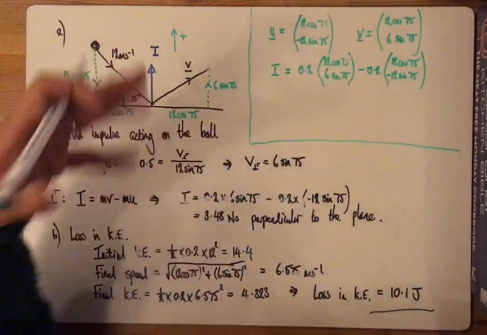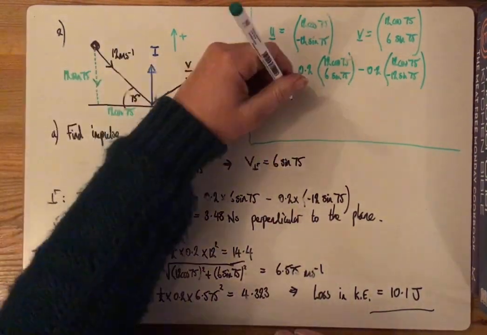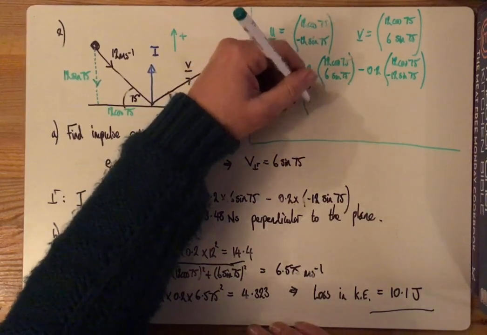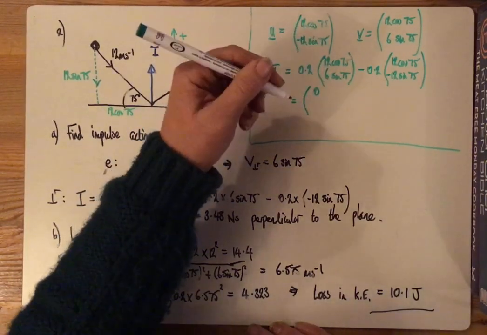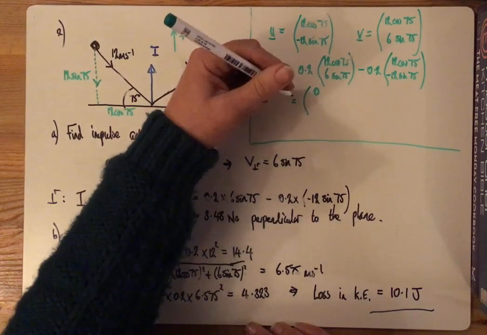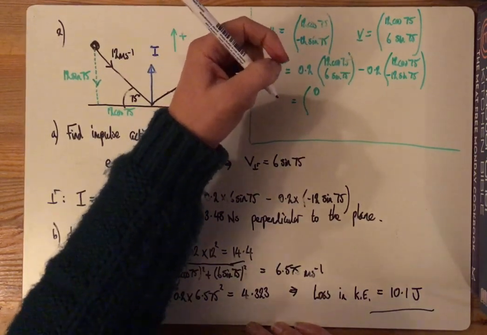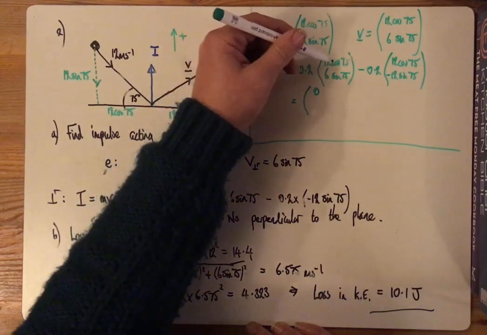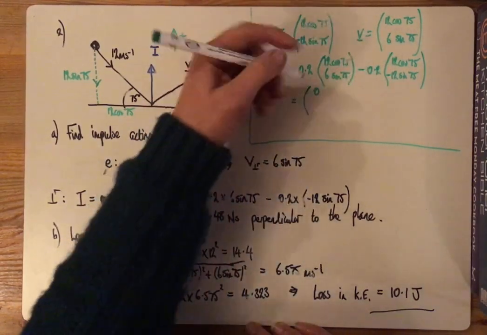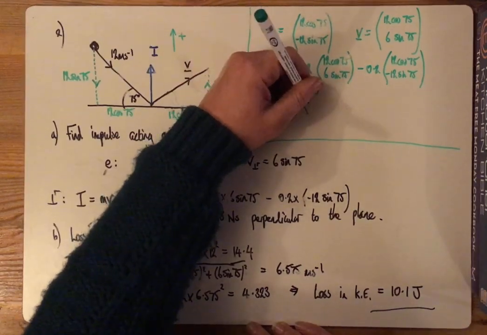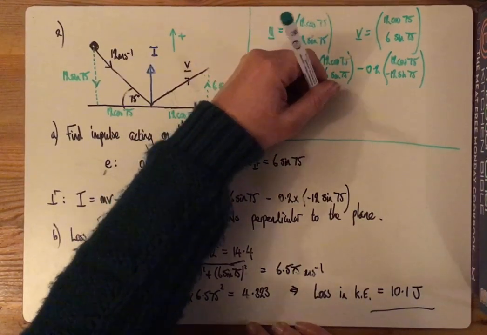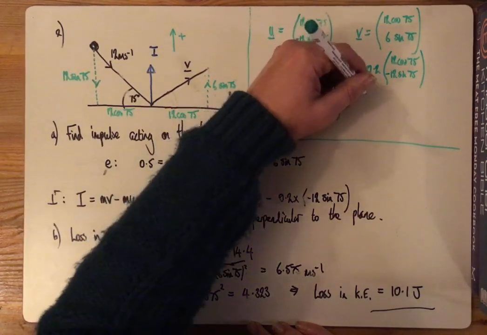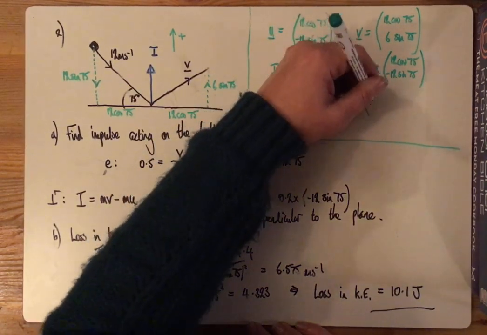And if you work all of that through, then you actually end up with 0 on the top, because you've just got this one minus this one on the top, and then you get 3.6 sine 75 underneath. And then that will obviously give you the same answer.